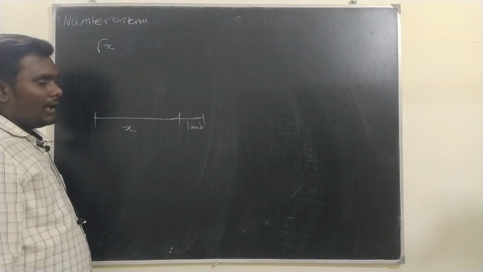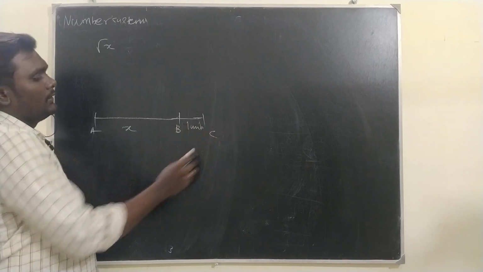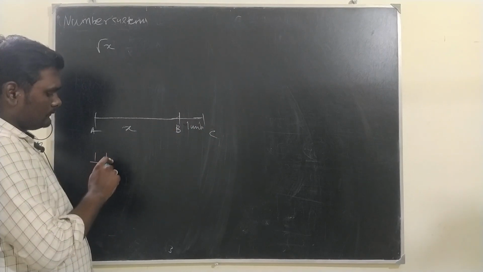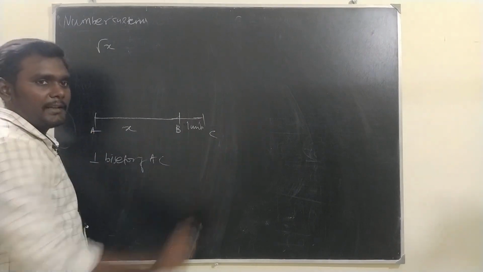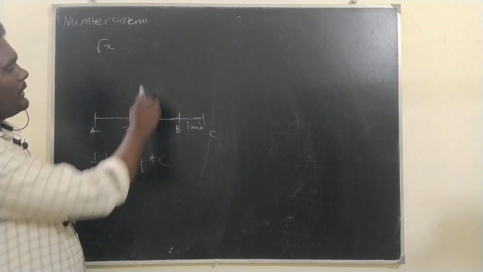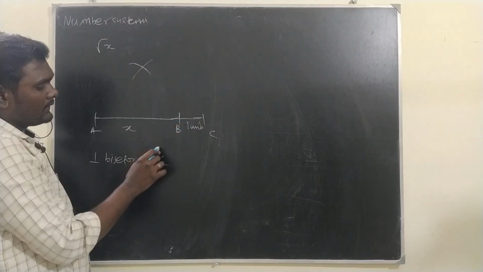Okay. After that, we have to draw the perpendicular bisector for this AC, AC in a full number line. How will you draw that first?